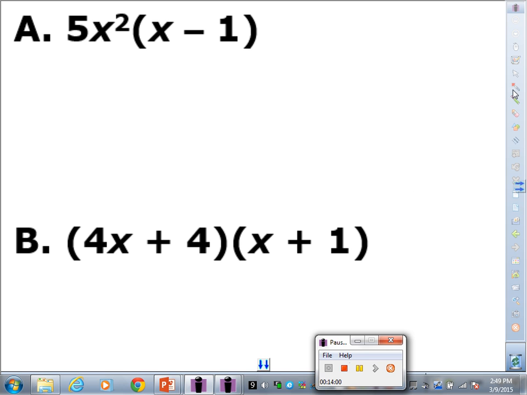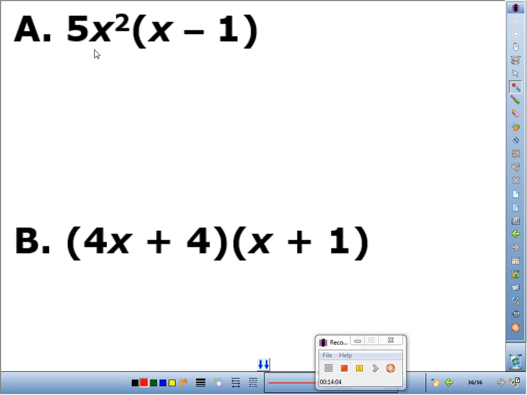All right, here we go. I'm going to go over this one again for those of you that just walked in, just to make sure you're caught up. What we're looking for is to see if this is completely factored. What they are saying is that this is a GCF. So to check if that's true, we need to go to this one and see if there's a GCF in here.